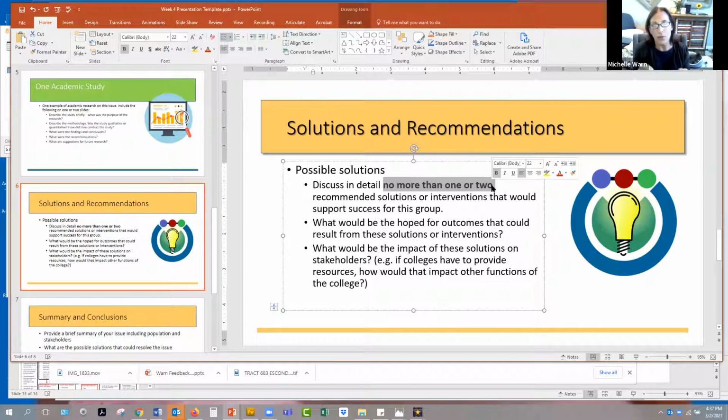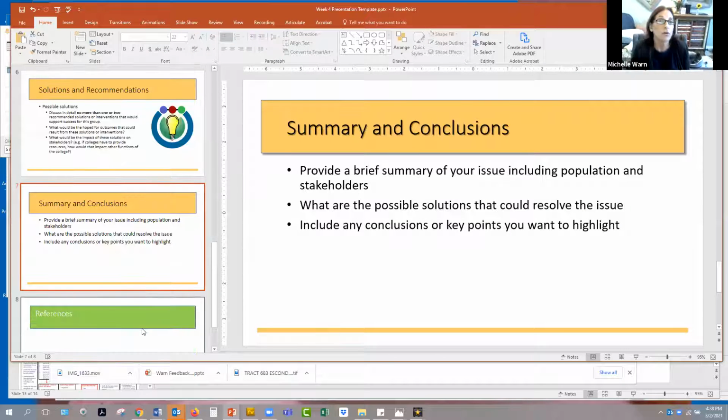Just dig in on those 1 or 2 solutions that are really going to make a difference to this population. Okay, what are you hoping that this solution will do? How is it going to be implemented? How is it going to impact the world of education, right? So just focus on the 1 or 2 solutions, and then just an overview of what you told us.